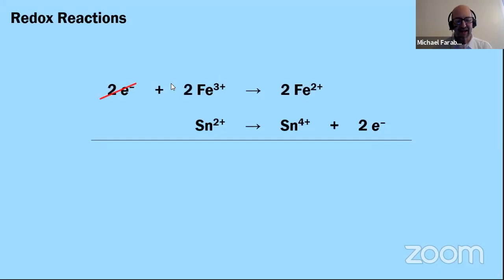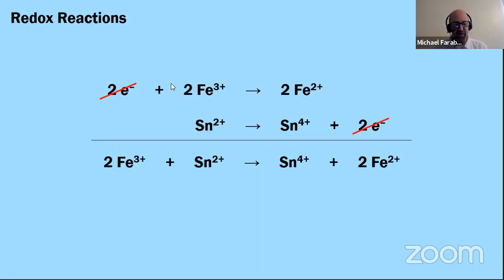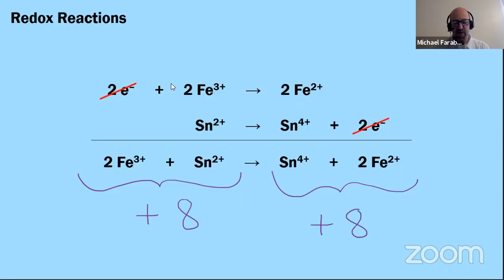And now when I add these equations together, the electrons cancel out. Notice that the total charge on the left side of the equation would be positive 8, and the total charge on the right side of the equation is also positive 8. So don't forget, when you're balancing equations, that you balance both in terms of atoms and charge.